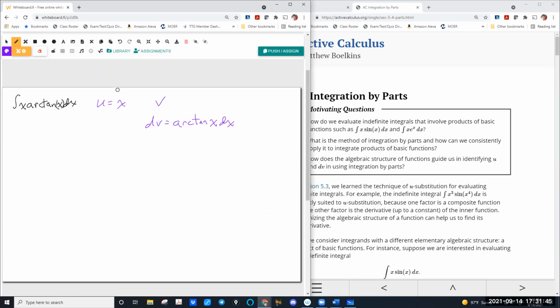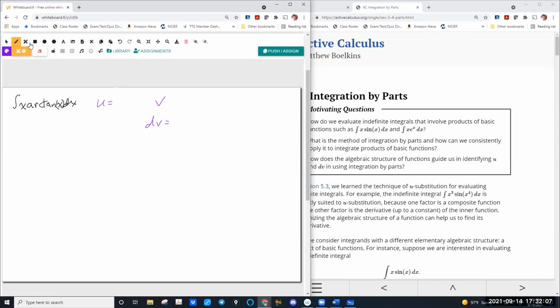And so this is going to be a case where our choice of u and dv doesn't necessarily make things easier. The way you're going to recognize that is that we know the derivative of arctan, but we don't know the antiderivative of arctan.